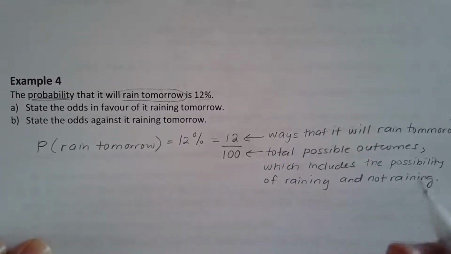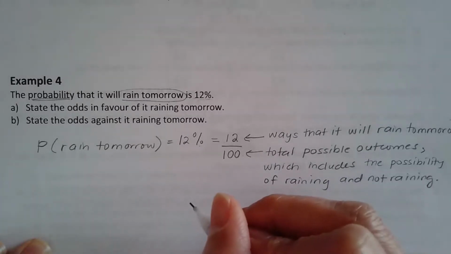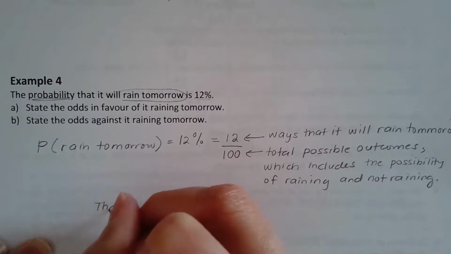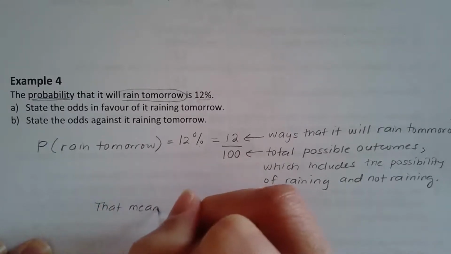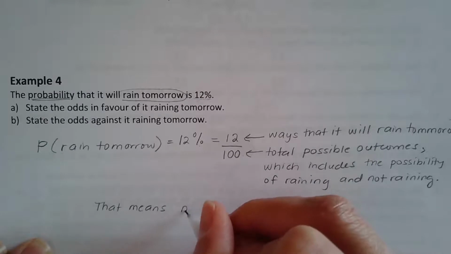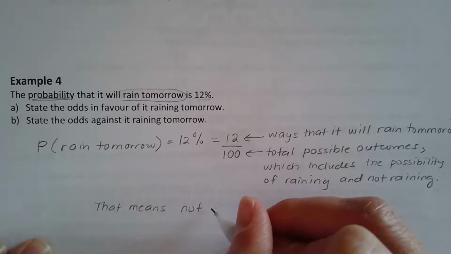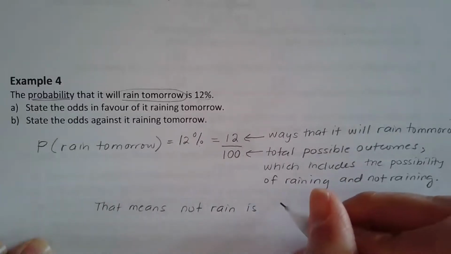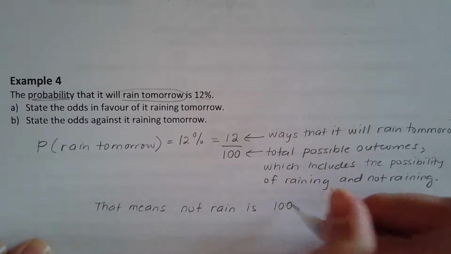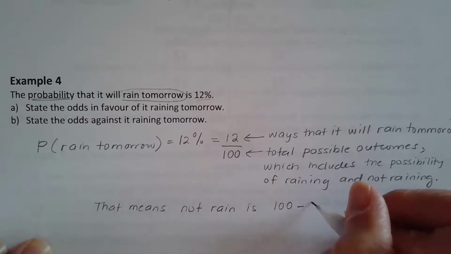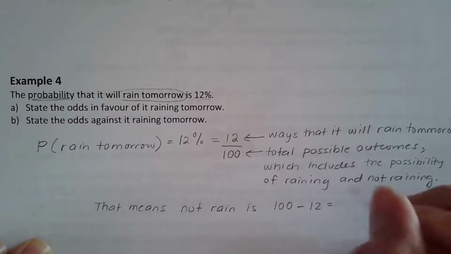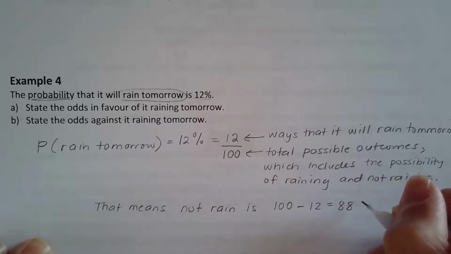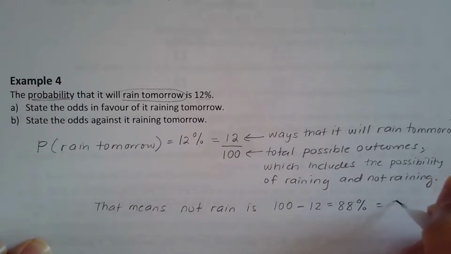So that means not rain is 100%, 100 minus 12, which is 88, 88%, or 88 out of 100.